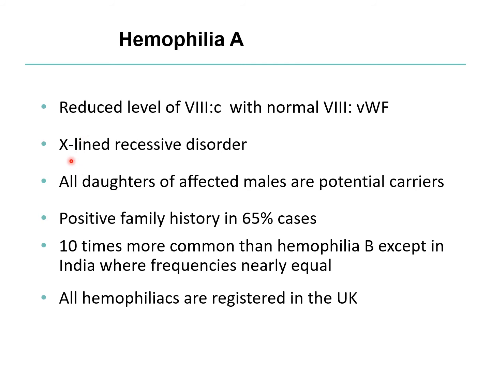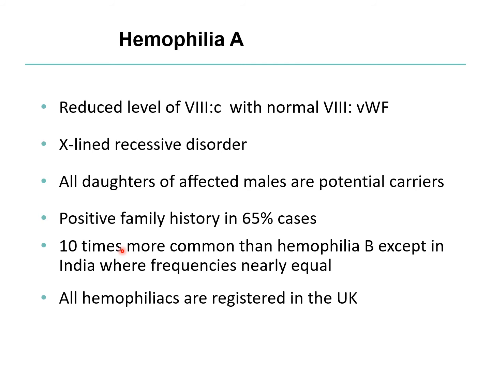It's transmitted as an X-linked recessive disorder, which means it primarily affects the males, whereas all daughters of the affected males are potential carriers. Positive family history can be seen in 65% of the cases, and hemophilia A is 10 times more common than hemophilia B, which we'll discuss next, except in India, where the frequencies of hemophilia A and B are nearly equal.